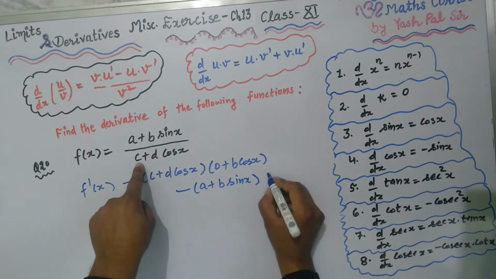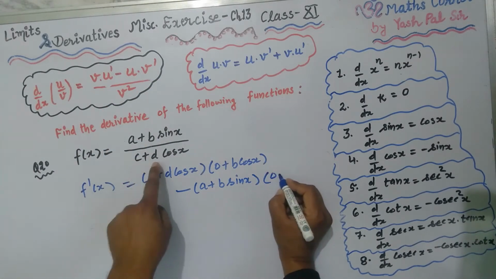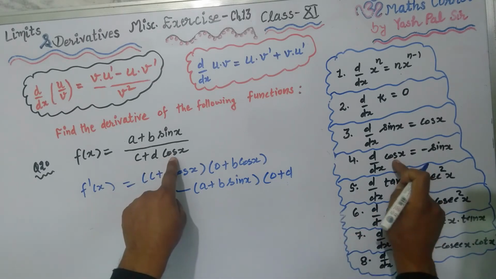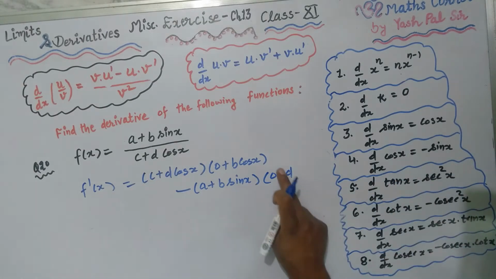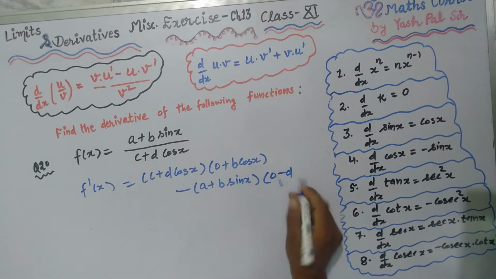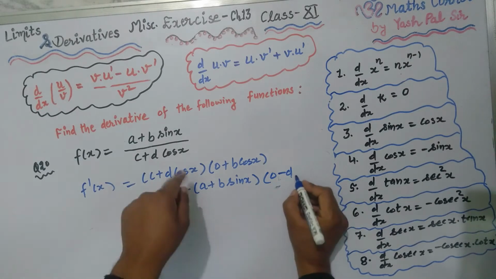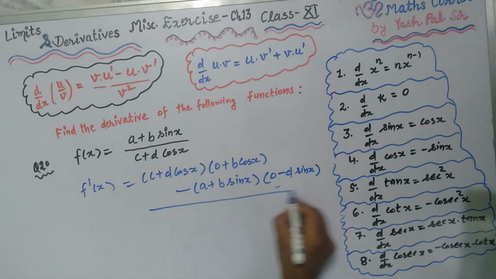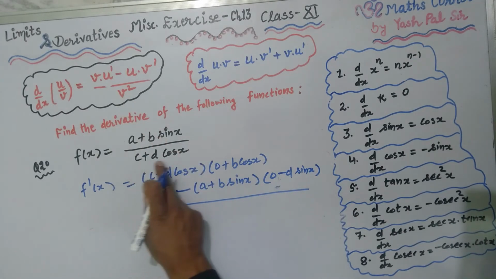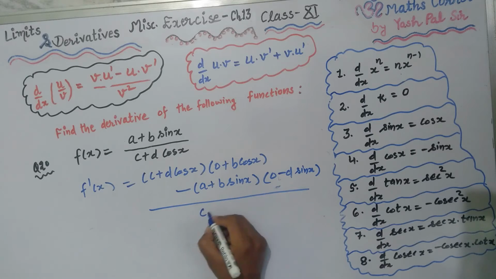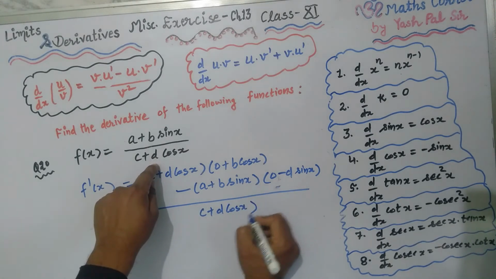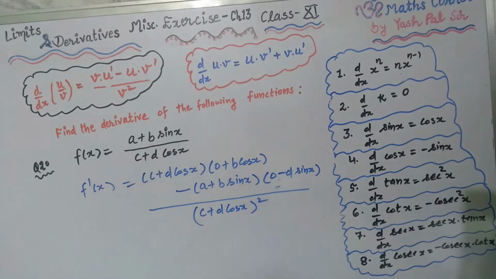v, meaning derivative of c is 0 plus d into cos x, derivative is minus sin x, so this becomes minus sin x, whole divided by v square, c plus d cos x whole square.